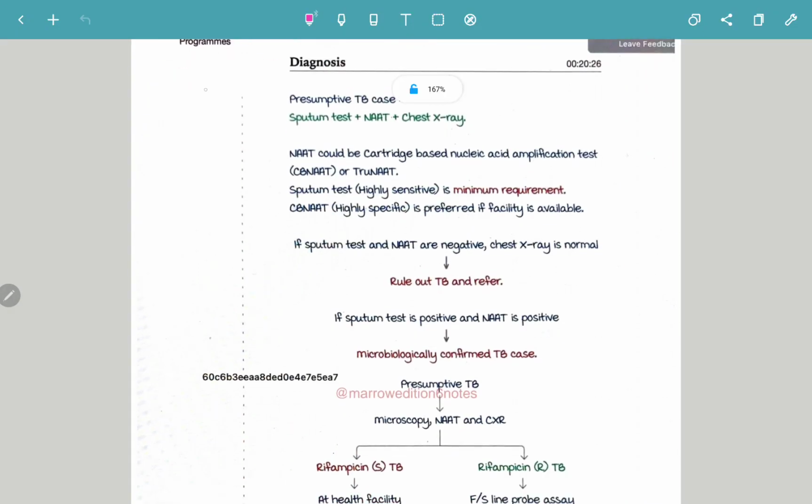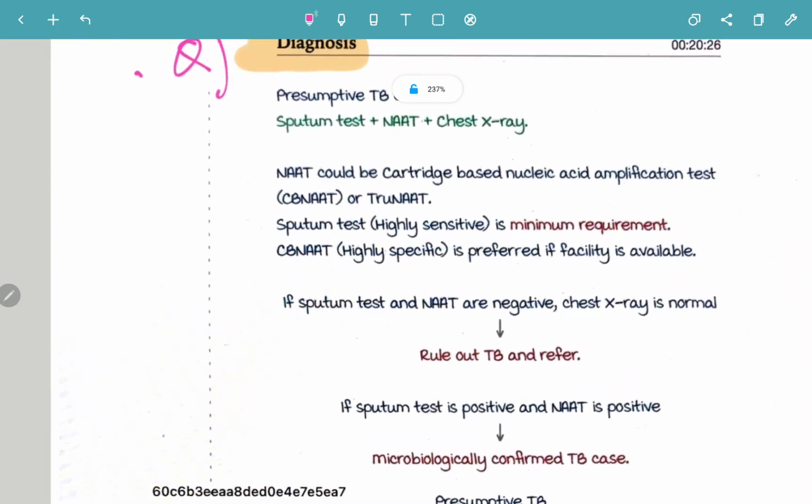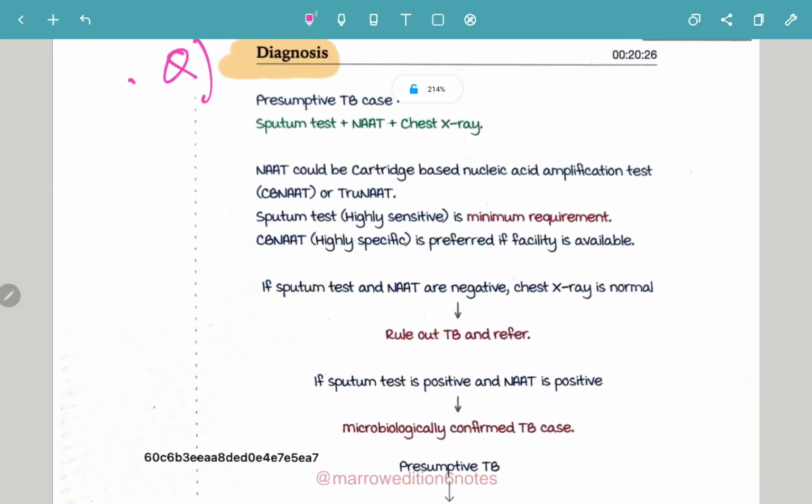So let's look at a very important question. How are you going to do the diagnosis of TB? This is an important short note they ask in exams, so pay attention. Presumptive TB case, we already studied, is 2 sputum tests plus NAT, CB-NAT, plus your chest X-ray.